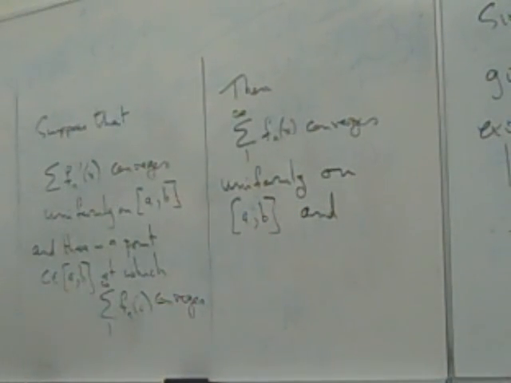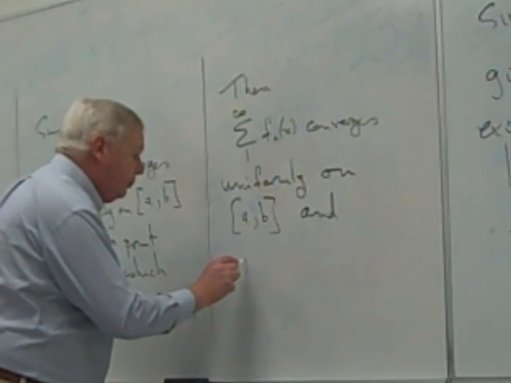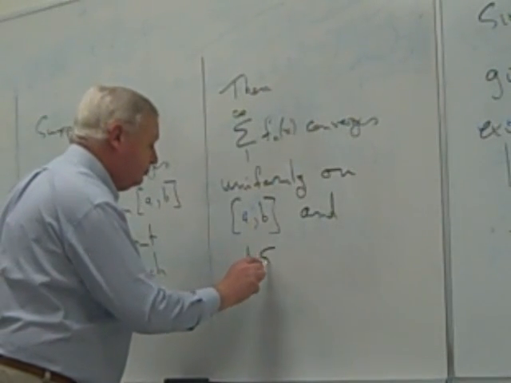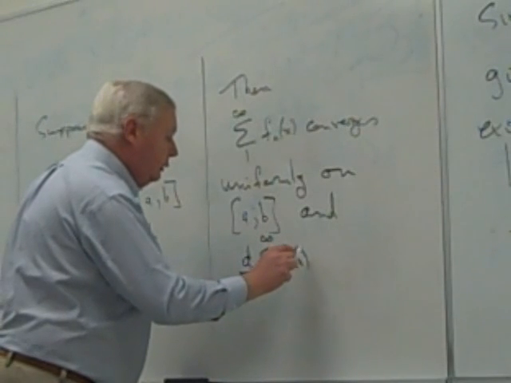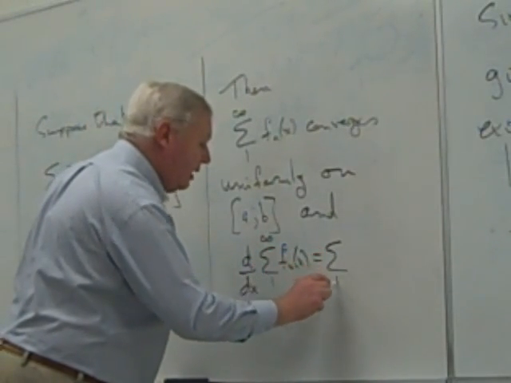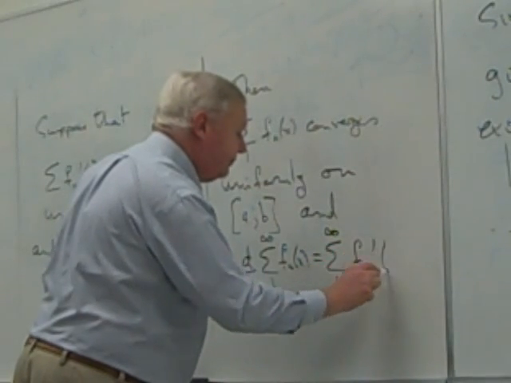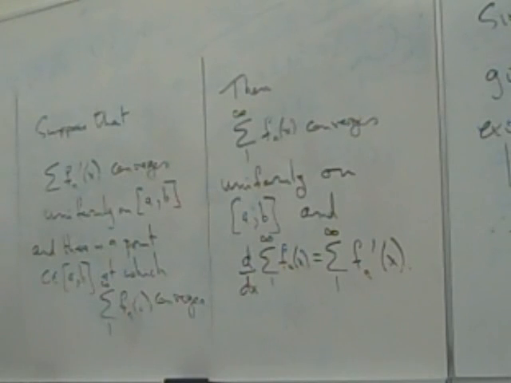And not only that, it is differentiable and its derivative is equal to the sum of the individual derivatives. And we refer to that by saying that the series is differentiable term by term.